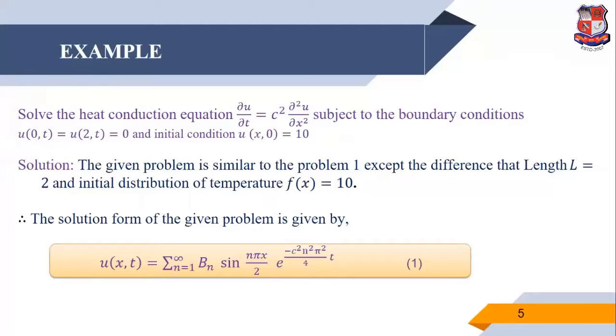So now we discuss example 1. Example 1: solve the heat conduction equation del u by del t is equal to c square del square u by del x square, subject to the boundary condition u(0,t) is equal to u(2,t) is equal to 0 and initial condition u(x,0) is equal to 10.